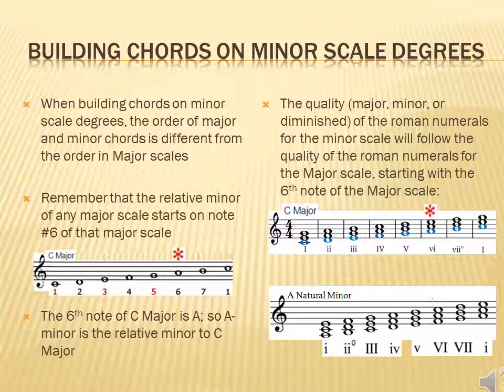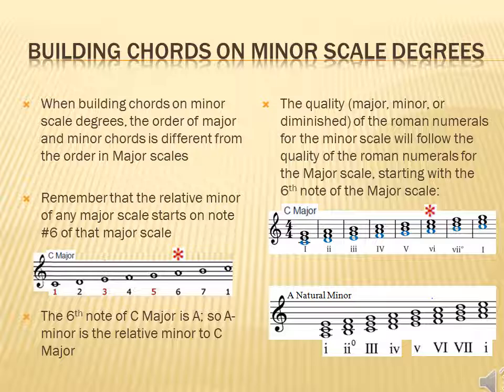The quality, major, minor, or diminished, of Roman numerals for the minor scales will follow the quality of the Roman numerals for the major scale, starting with the 6th note of the major scale. So in C major, we have major 1, minor 2, minor 3, major 4, major 5, minor 6, diminished 7, and then back to major 1.